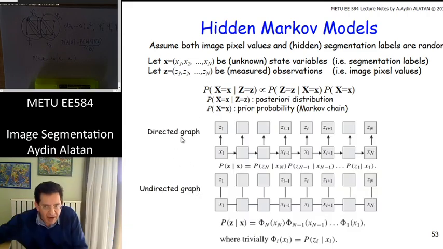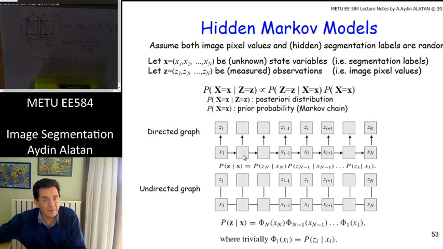For directed graphs, I can assume the state, the unknown label, is the only factor affecting the corresponding pixel's color. Therefore, pixel 1 label controls, causes the color of pixel 1, Z1.